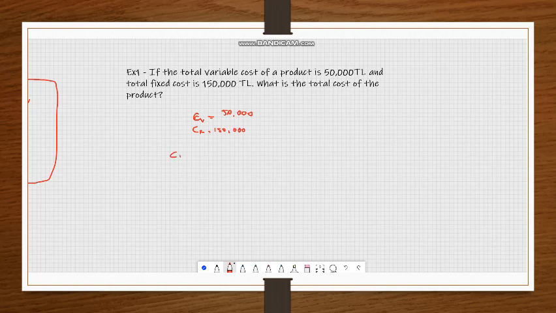So total cost is the addition of variable cost plus fixed cost, which is 50 plus 150, gonna be 200,000 is the total cost of this product. 200,000 Turkish lira. Okay, very easy, very simple math. And let's jump to another question.